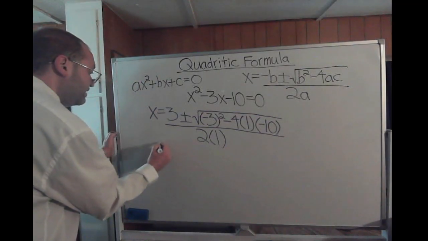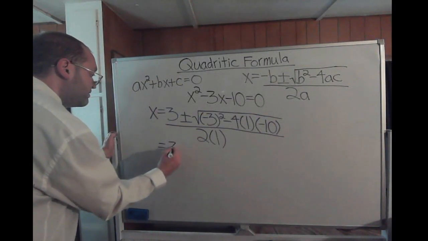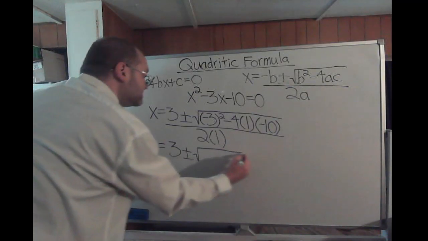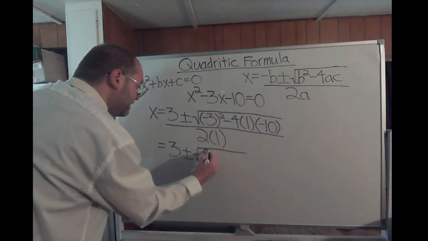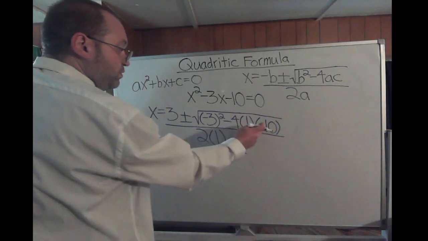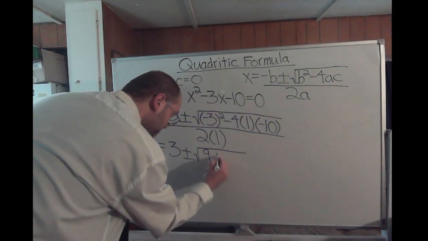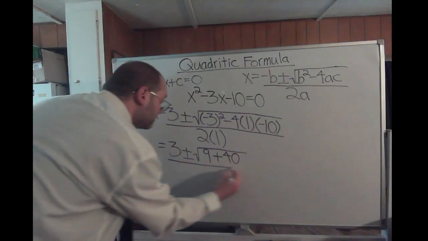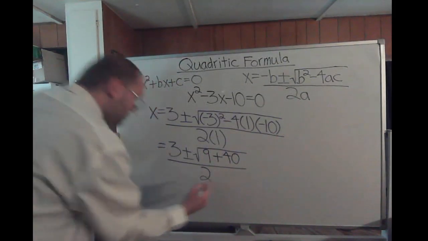So now you're going to have 3 plus and minus the square root of, let's see, negative 3 squared is 9. The negative 4 times 1 is negative 4 times negative 10. That's plus 40 all over 2 times 1, which is just 2.